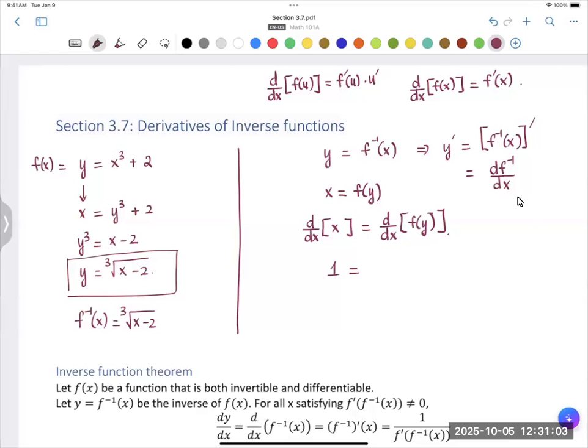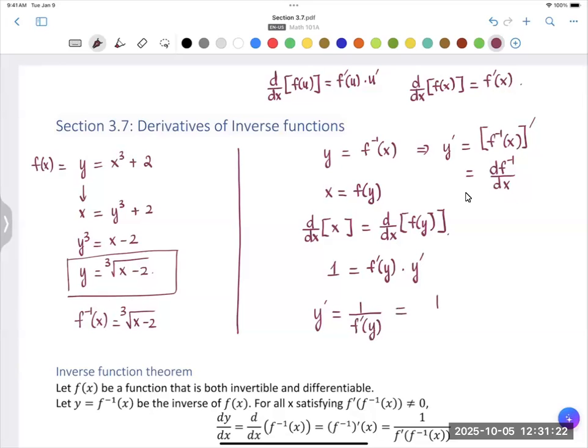So if we apply the chain rule, we're going to have f prime of y times y prime. And our goal is to find y prime, so y prime will equal 1 over f prime of y.